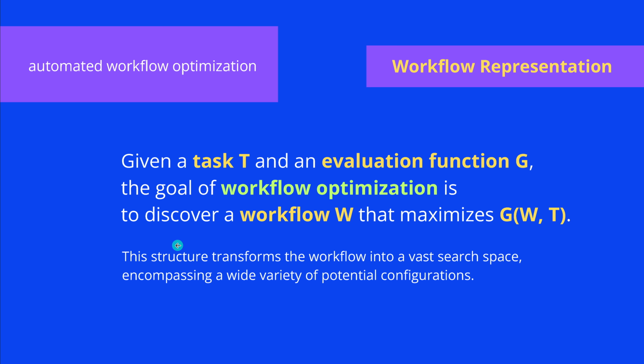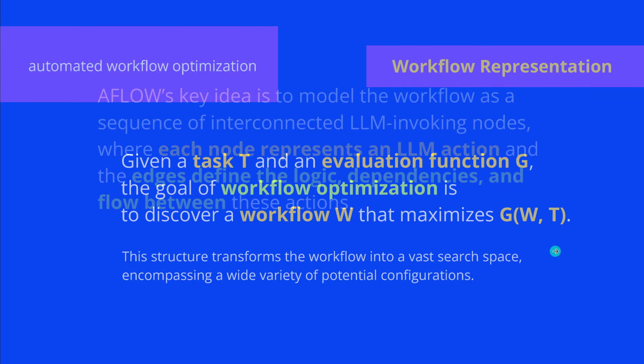Now, this particular structure that we have chosen transforms now the workflow into a vast search space. Remember when we did the embedding here of semantic objects into a vector space with sentence BERT? Now we transform the complete agentic workflow into a vast search space, in a mathematical space, encompassing here a wide variety and combination and variation of potential configurations.